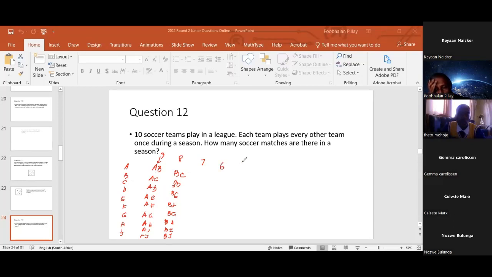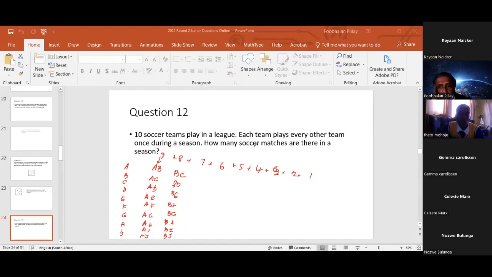For D, for E, for F, for G, it goes 7, 6, 5, 4, 3, like that. So the number of games altogether is you simply have to add all these: 1 plus 2 plus 3 all the way up to 9.